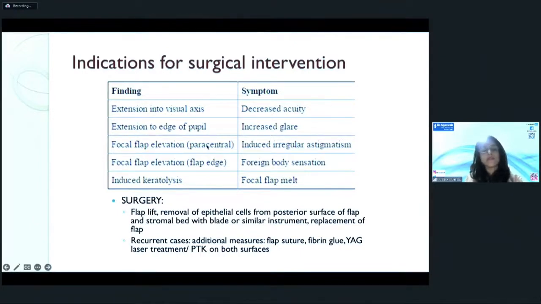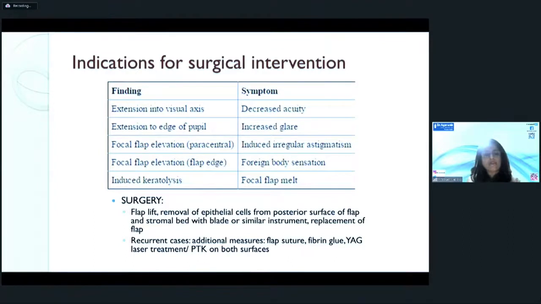Again, that can cause glare. You can sometimes have topographic abnormalities due to the epithelial ingrowth, such as localized flap elevation, irregular astigmatism, and so on, and decrease in the uncorrected and best corrected visual acuity. And of course, in the last stages, you could also have induced keratolysis and focal flap lift.